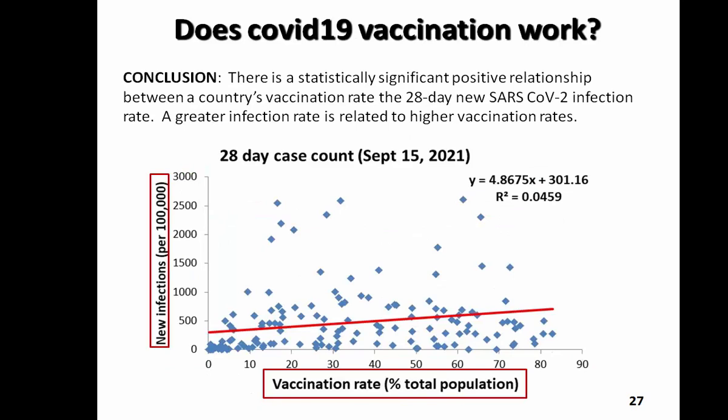So that leads us to conclude that there is a statistically significant positive relationship between a country's vaccination rate and the 28-day new SARS-CoV-2 infection rate. And to interpret the direct statement of the outcome, a greater infection rate is related to higher vaccination rates, and this conclusion is specific only to the data collected for the month ending September 15th, 2021.